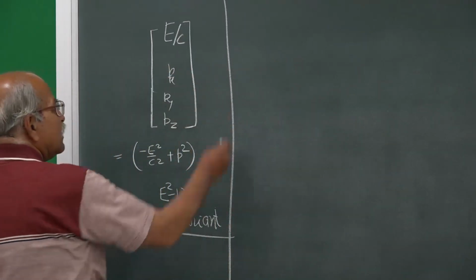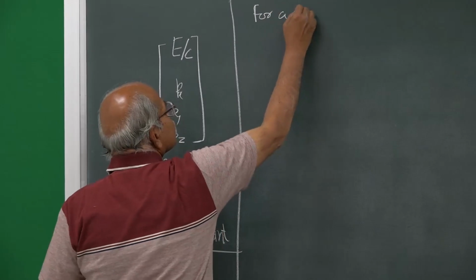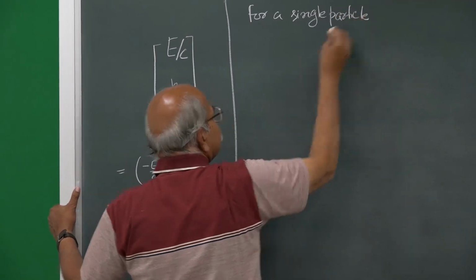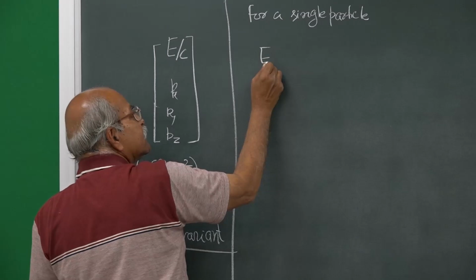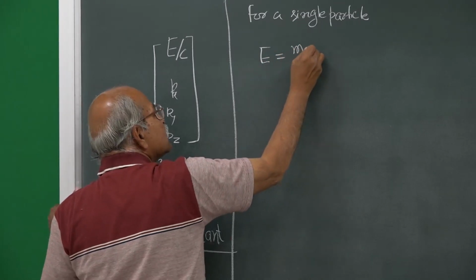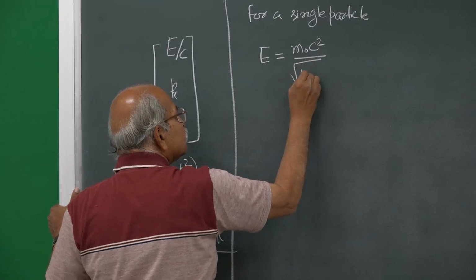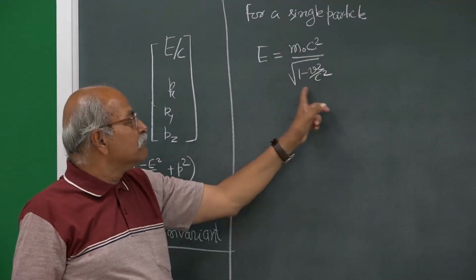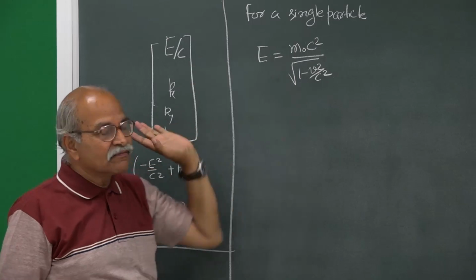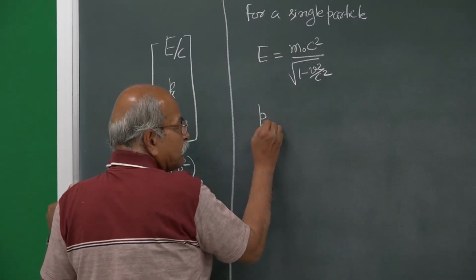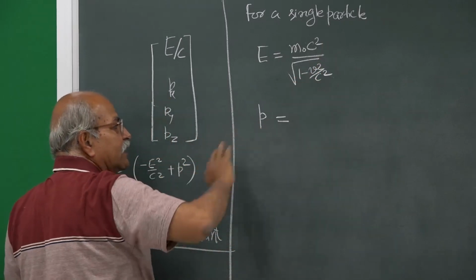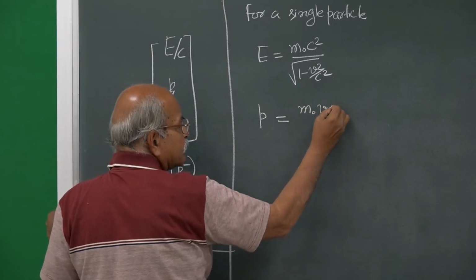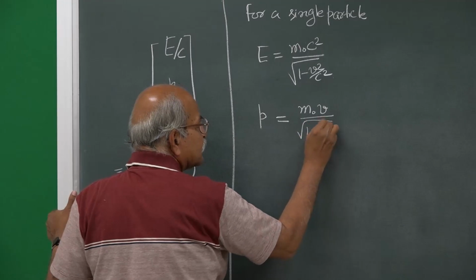So for a single particle, you know that E is the total energy, this is m naught c square times gamma, and this whole quantity is called the relativistic mass m, and then you write E is equal to mc square, and P is given by, let us take motion in the x direction, P will be m naught times V times gamma, that is 1 over square root of 1 minus V square by c square.